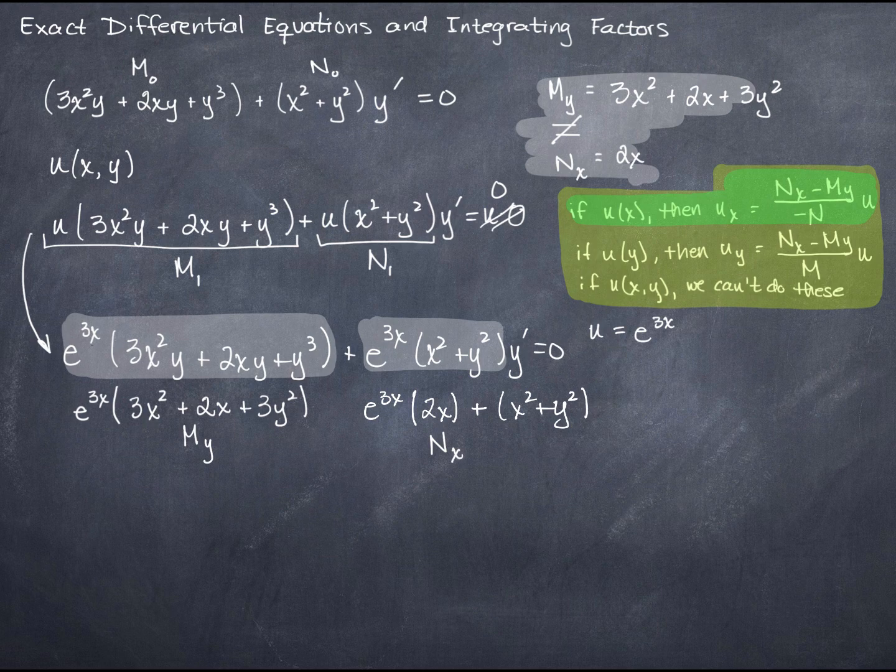And the first is e to the 3x. The partial derivative of that with respect to x is 3e to the 3x.